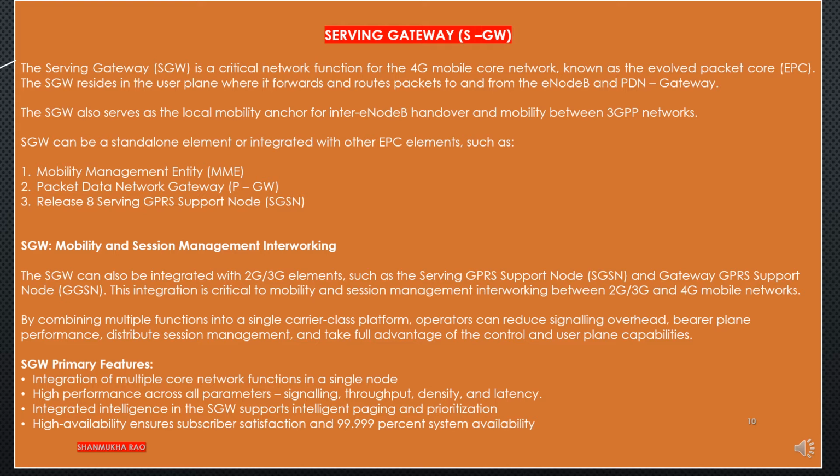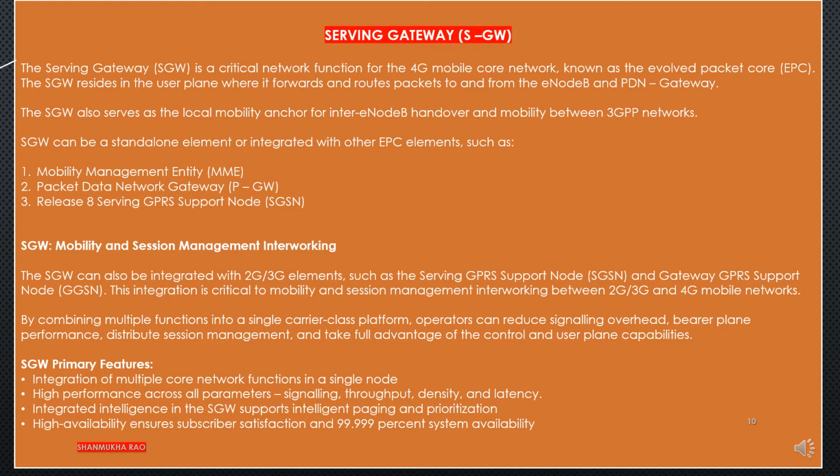Third is Release 8 Serving GPRS Support Node, SGSN. Serving Gateway, mobility and session management interworking. The SGW can also be integrated with 2G/3G elements, such as the Serving GPRS Support Node, SGSN, and Gateway GPRS Support Node, GGSN.